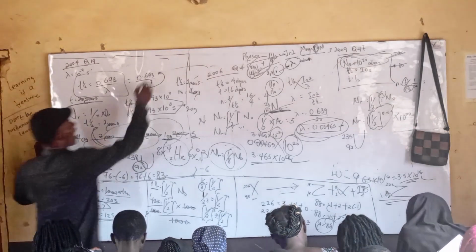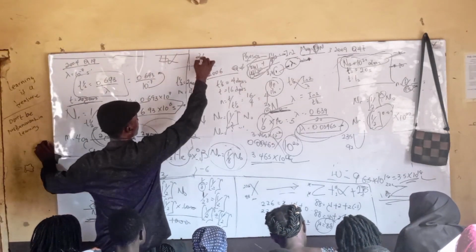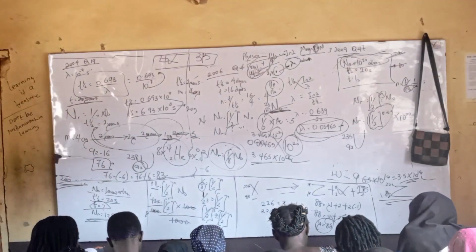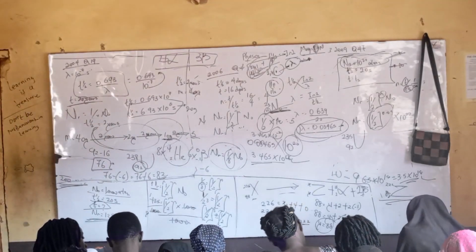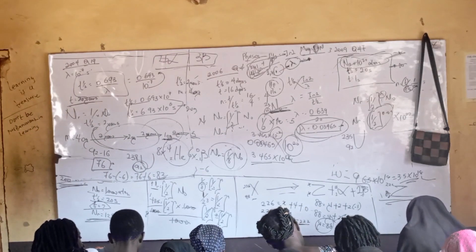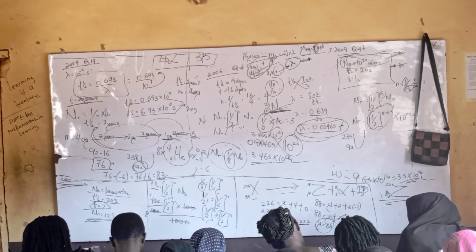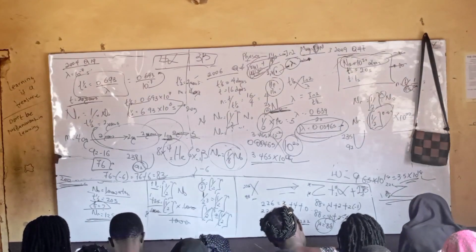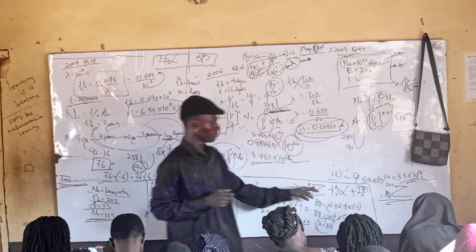The mass number and the atomic number of the resulting element respectively are... Now they are looking for the mass number and the atomic number of the element.